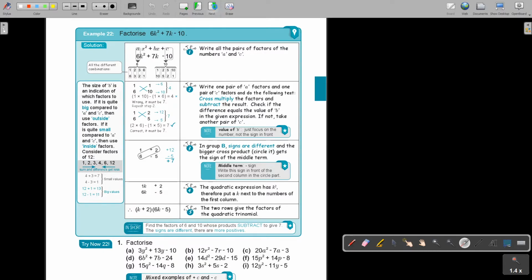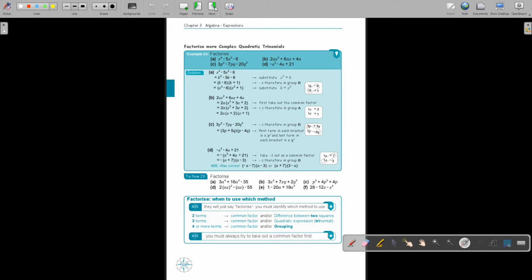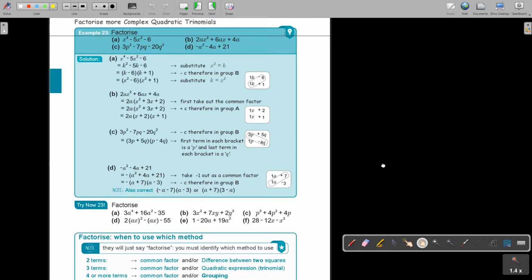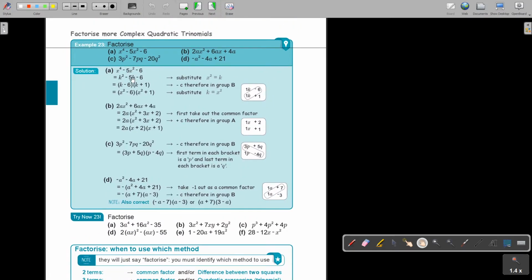And then maybe just the last thing I want to tell you is that sometimes you can get one like that. It's almost like where you first take out a common factor. So just look here. Here, this one is double this one. Do you see? So you can bring a constant in. Otherwise, instead of just writing x, you just write x squared.